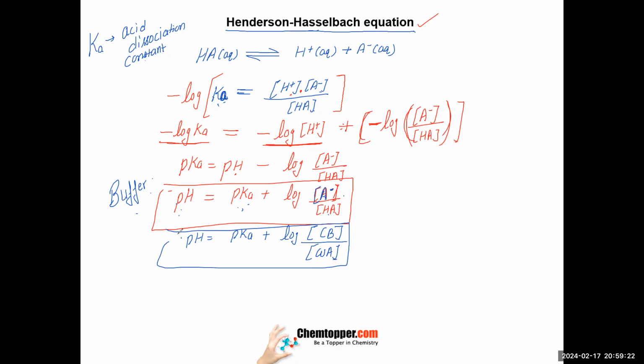Sanjana, you are aware of some mathematical operations of the logarithm? Okay, very good. Now let's do one thing. Look at this equation and answer my questions, all of you. If the concentration of conjugate base is equal to the concentration of weak acid, what's the relation between pH and pK?